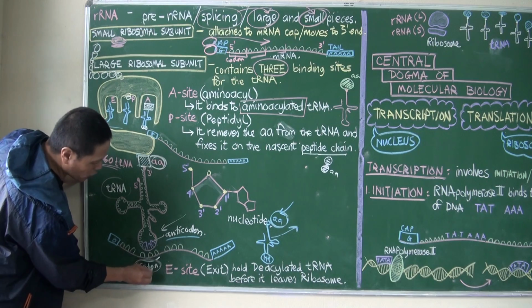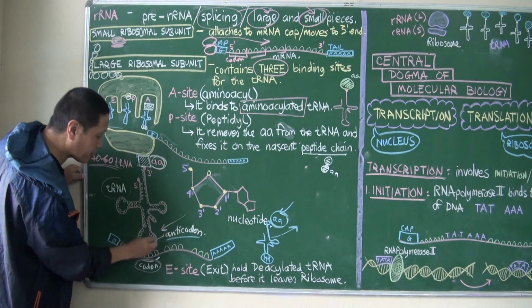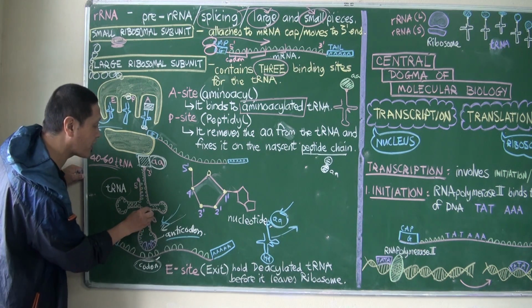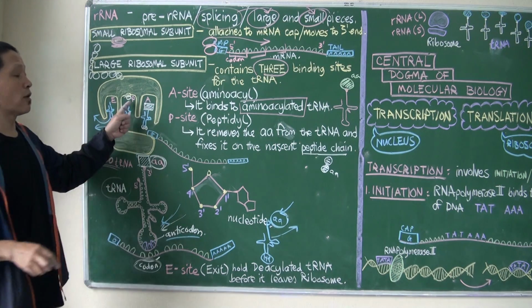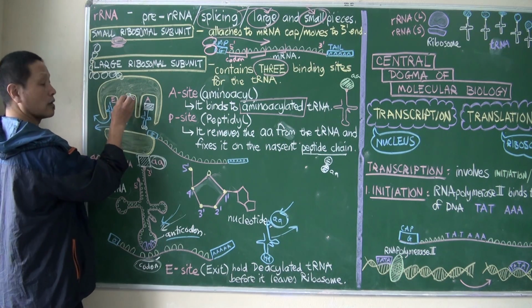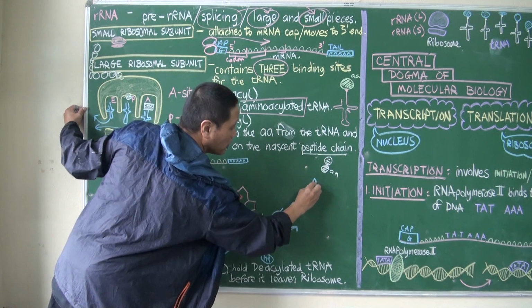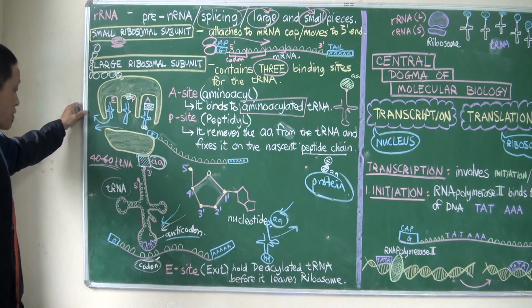And when this codon passes through the A site, it pulls its corresponding, the correct type of tRNA into itself so that it goes into the next binding site known as the P site, where it gives away its amino acid and that amino acid joins the polypeptide chain to form what's known as the protein and the protein synthesis.